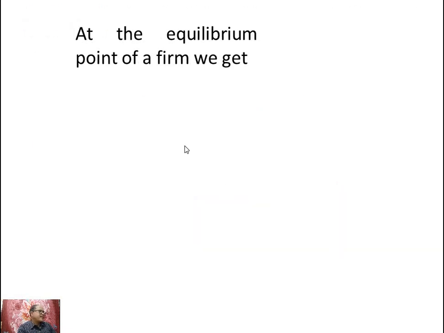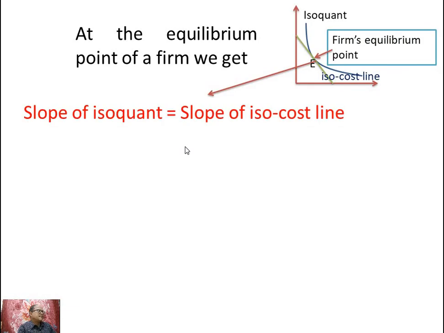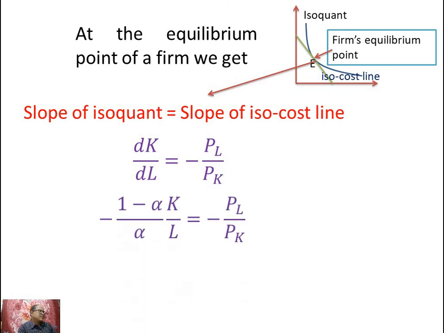At the equilibrium point of a firm, the slope of the isoquant is equal to the slope of the isocost line. That is dK/dL is equal to minus PL/PK, because the slope of the isoquant is dK/dL and the slope of the isocost line is minus PL/PK. But dK/dL in this example is minus (1 minus alpha)/alpha into K/L, and that is equal to minus PL/PK.